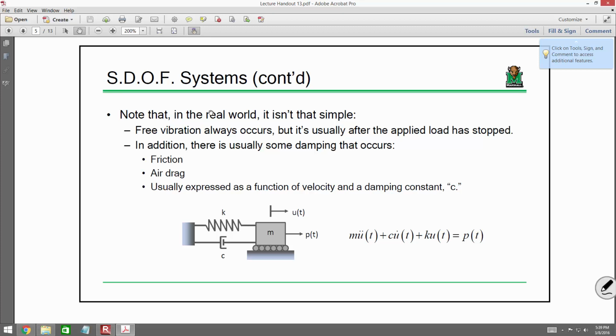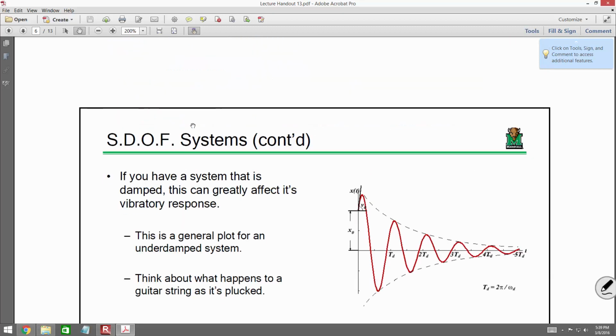Now, one other complicated issue is the concept of damping. Take a guitar, pluck the string. What happens after 10, 20 seconds? It dies out, right? Vibration doesn't just go on forever. If I pluck a guitar string, it will vibrate and then die out, because that vibratory motion is dying out over a given period of time.